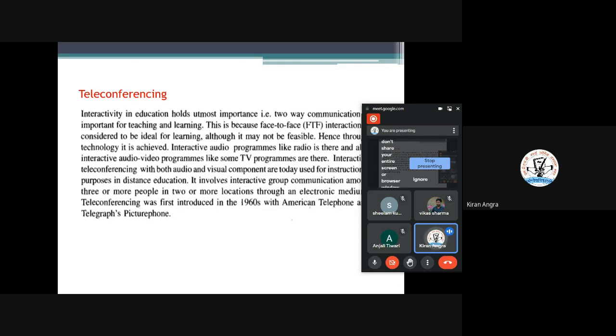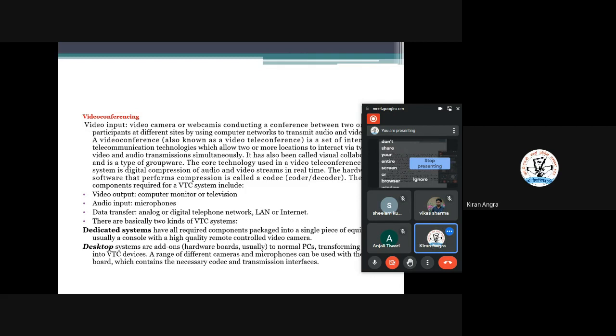Both streams are compressed, and the software that performs this compression is the codec. The VTC system needs video input through cameras, video output through computer monitors, audio input through microphones, audio output through loudspeakers, and data transfer through the phone network, the LAN, or the internet.